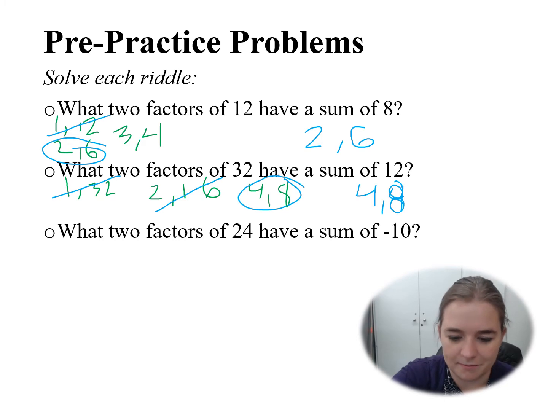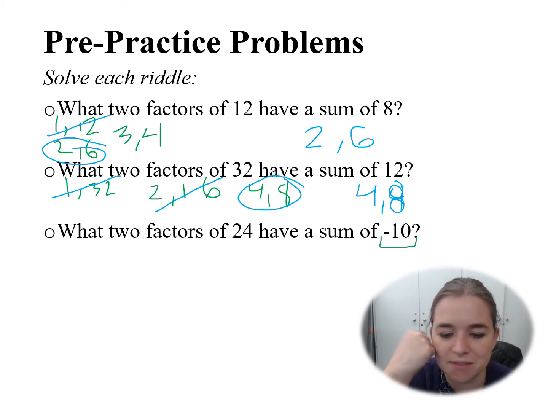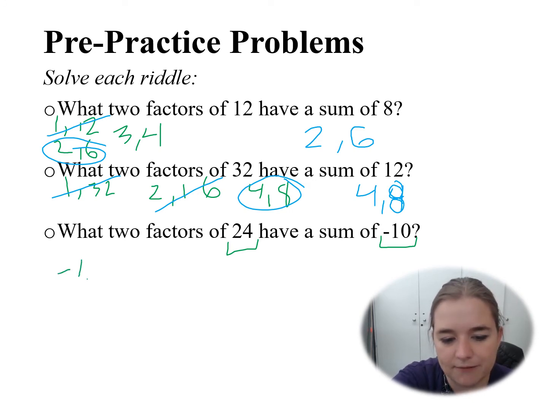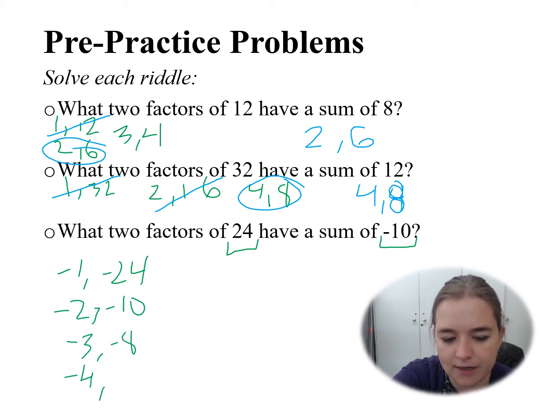The last one that I want to think about is two factors of 24 that have a sum of negative 10. That sum of negative 10 tells me that I need some negative numbers. If my sum is negative but my product is positive, that means both of my factors must be negative. So factors of 24, I could have negative 1 and negative 24, negative 2 and negative 12, negative 3 and negative 8, negative 4 and negative 6.